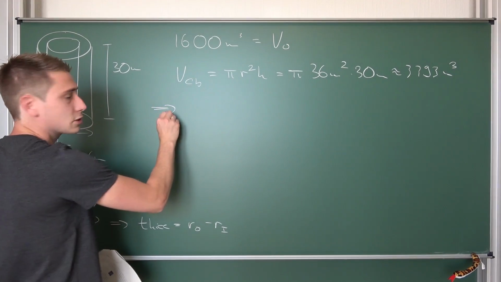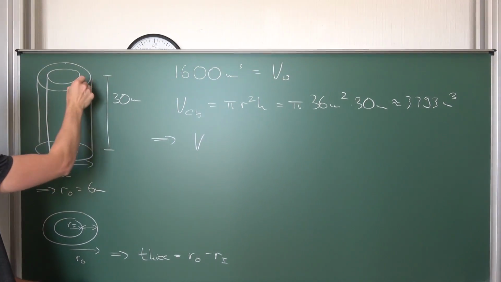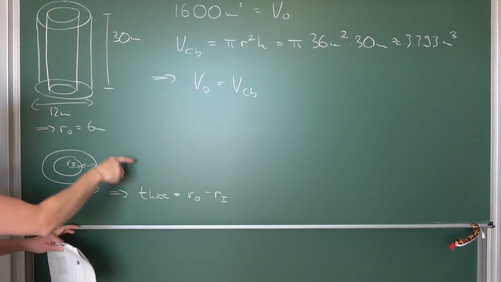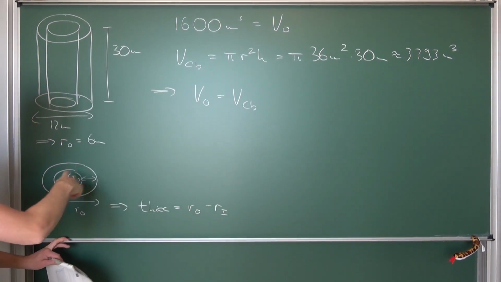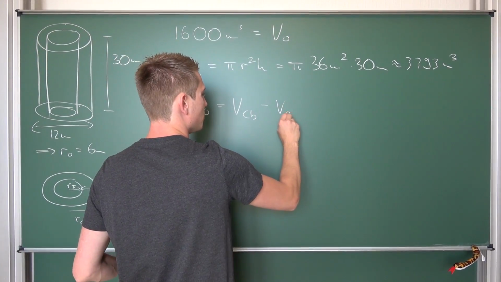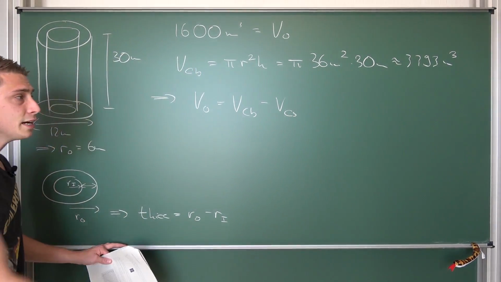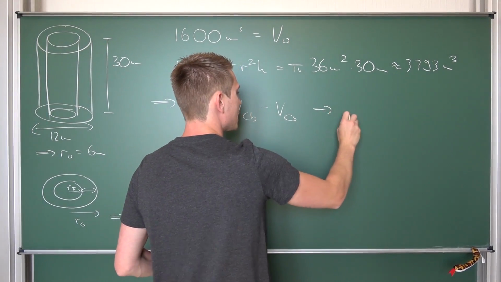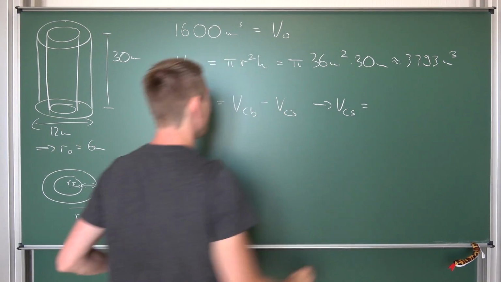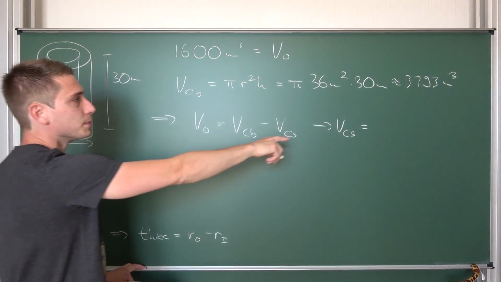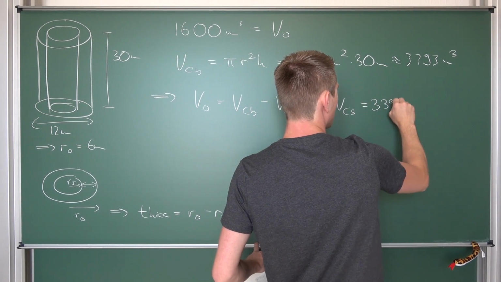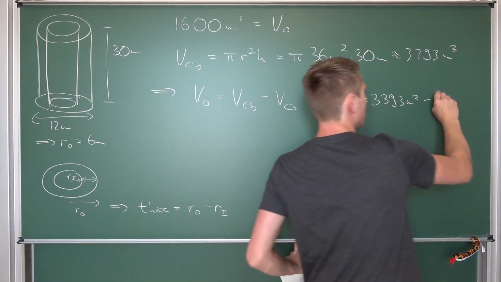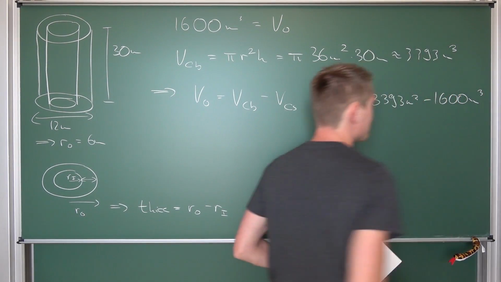So let us translate everything into what I just said. Our outer volume VO is nothing but the volume of the big cylinder, VCB, minus the volume of the small cylinder, VCS. So what we did here is translated to volumes instead of just distances. Now we add VCS on both sides and subtract VO on both sides, leaving us with the volume of the small cylinder being VCB, which is 3393 cubic meters, minus VO, which is 16 cubic meters.